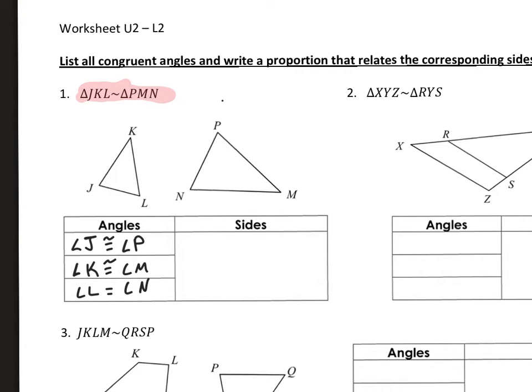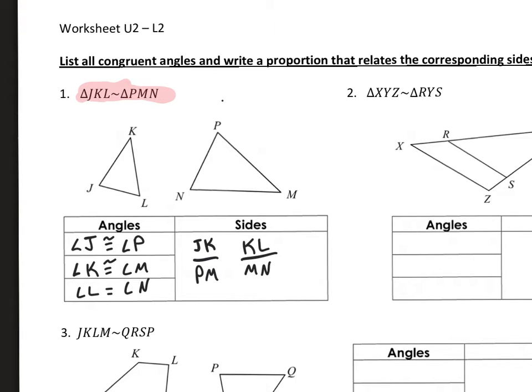So we know that the corresponding angles have to be congruent. And now let's make some ratios with the sides. So we have JK is the first side listed in the first triangle, and that matches up with PM in the second triangle. KL matches up with MN.